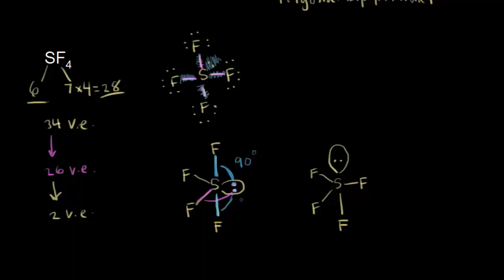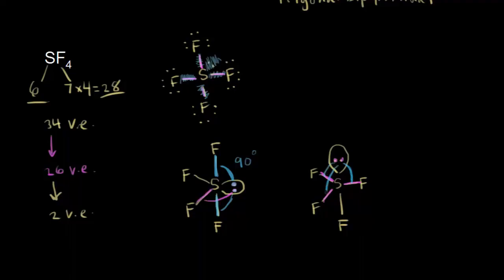But let's compare this dot structure with the one on the right now. In the one on the right, we have our lone pair of electrons in the axial position this time, and you can see that we have three fluorines in the equatorial position. So you have these bonding electrons in the equatorial position, which means that lone pair of electrons is 90 degrees to all three of those.